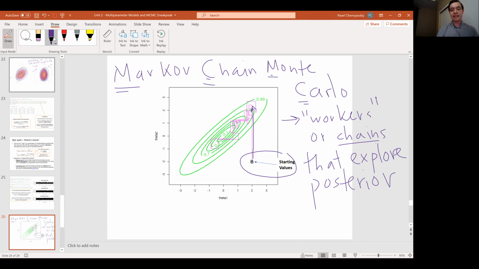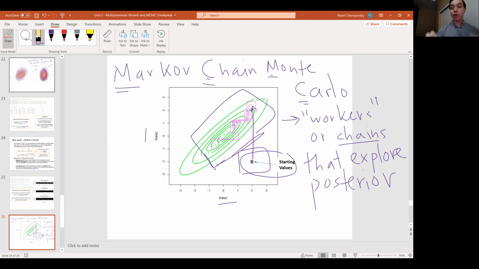The first step already takes us from a spot where the posterior is impossible towards a part where the posterior is highly, highly likely. And then the second step doesn't take us back out. The next steps stay inside of our posterior. So this is the posterior with two variables, but it would work the same in our three-dimensional case.